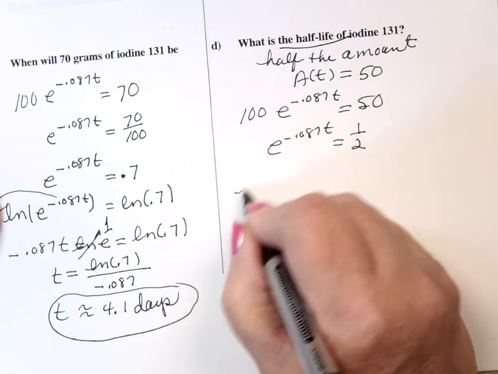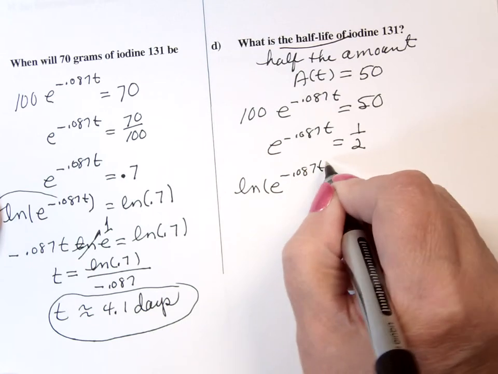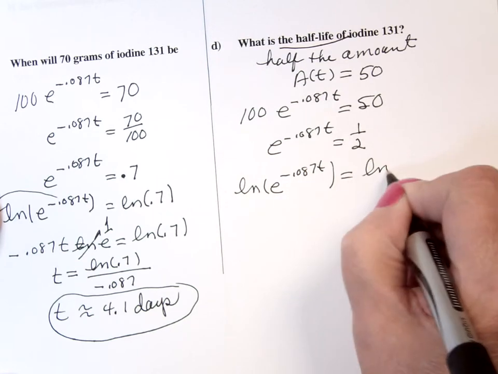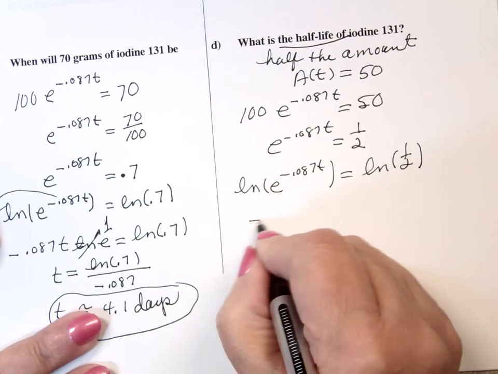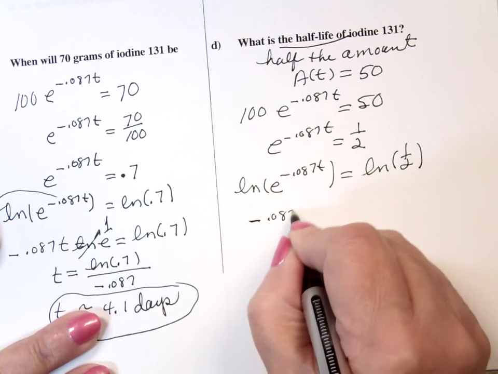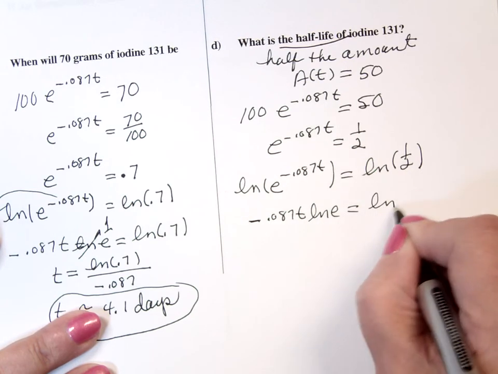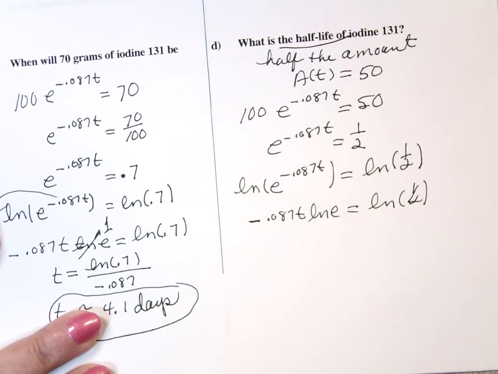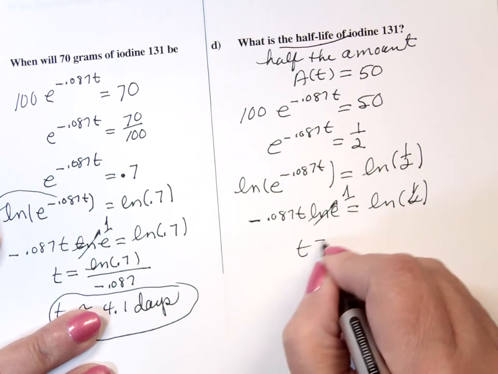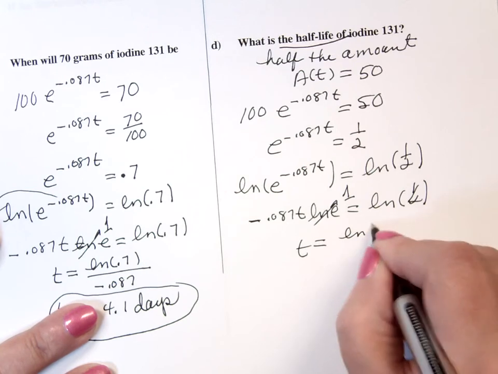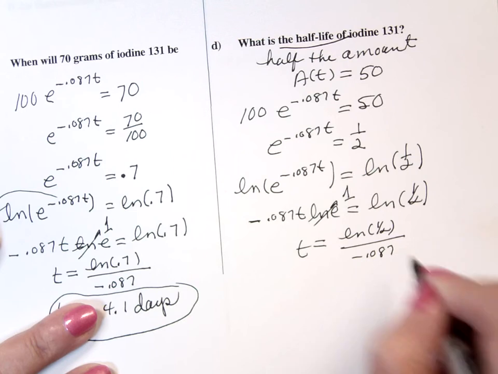Natural log of both sides: natural log of e to the negative 0.087 t equals the natural log of 1/2. Bring down the exponent, negative 0.087 t. Natural log of e is 1, so t is the natural log of 1/2 divided by negative 0.087.